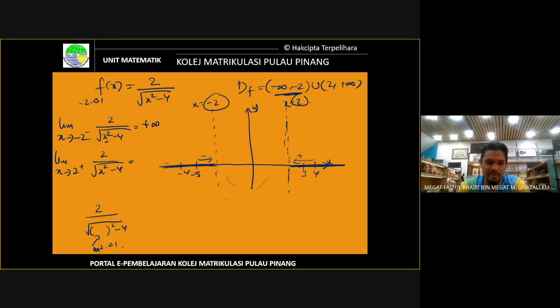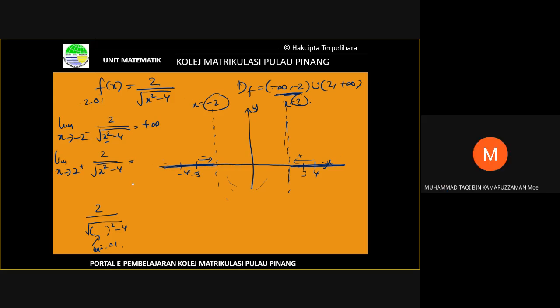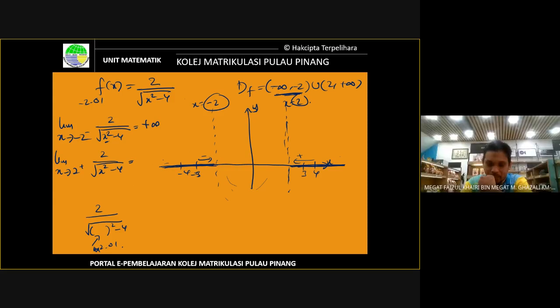Come on, positive or negative? Class, x equal to positive 2.01. Okay, positive 2 point whatever. I wanted the result to be positive or negative.